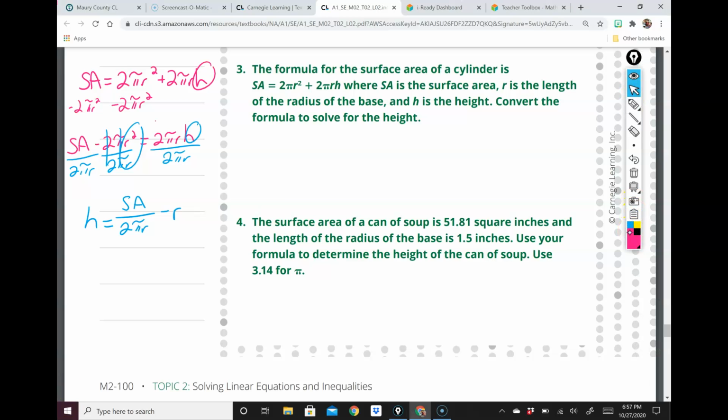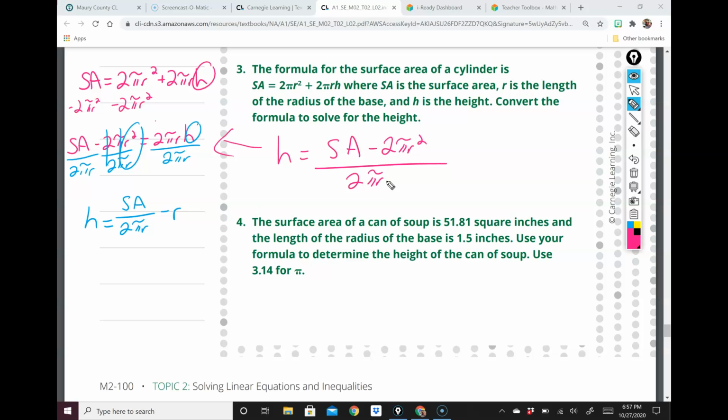We could also say that height equals the surface area minus 2 pi r squared, all divided by 2 pi r. That's just another way of writing it.